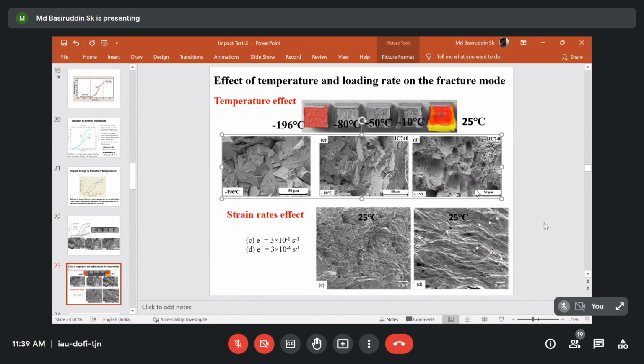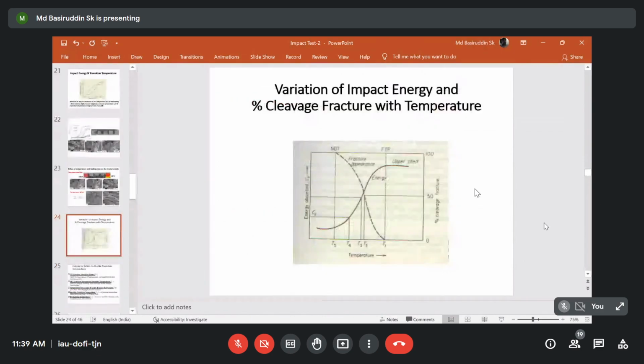So in order to assess material performance, recreating these things at laboratory scale, we do impact testing and try to evaluate the impact energy, draw the impact transition curve, and analyze this curve to evaluate the upper shelf energy, lower shelf energy, ductile to brittle transition temperature, and other different factors. So what other parameters can we evaluate from this particular curve?